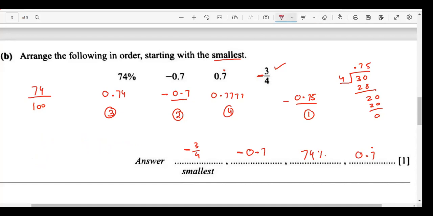Minus 1000 is smaller than minus 100 or even minus 1. Okay. Are we okay with the concept? Yes, ma'am. All right. Okay, so I hope that it's clear then. I hope we are good with this one.